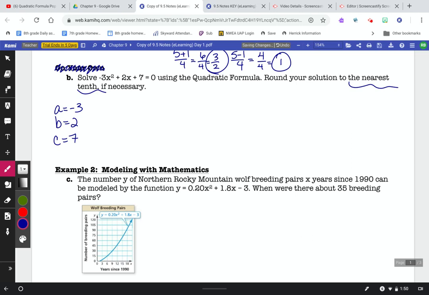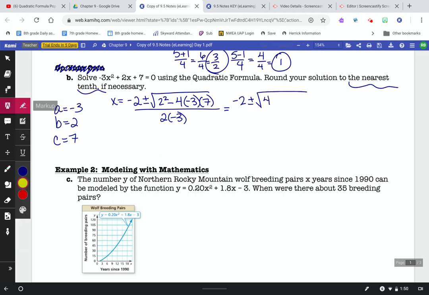Okay, so x equals the opposite of b, so -2, plus or minus the square root of b squared, 2 squared, minus 4ac. 4 times -3 times 7, all over 2a, 2 times -3. So we have -2 plus or minus the square root of 2 squared is 4, and I want you to make note.